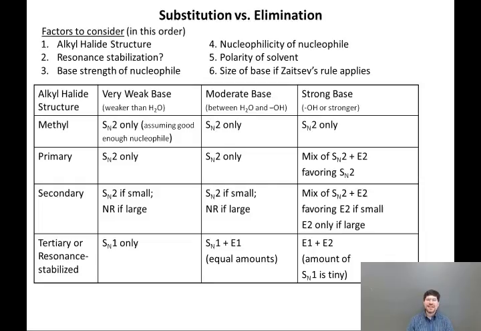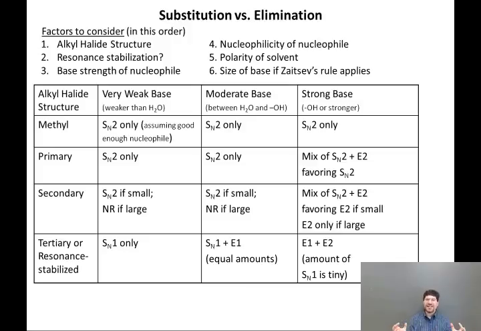So given the opportunity, it's going to want to substitute by the SN2 mechanism, or if the base is strong enough, eliminate by the E2 mechanism. But in the cases of the very weak base or the moderate base, where E2 elimination is not going to happen, you will get SN2 substitution if the secondary alkyl halide is small.